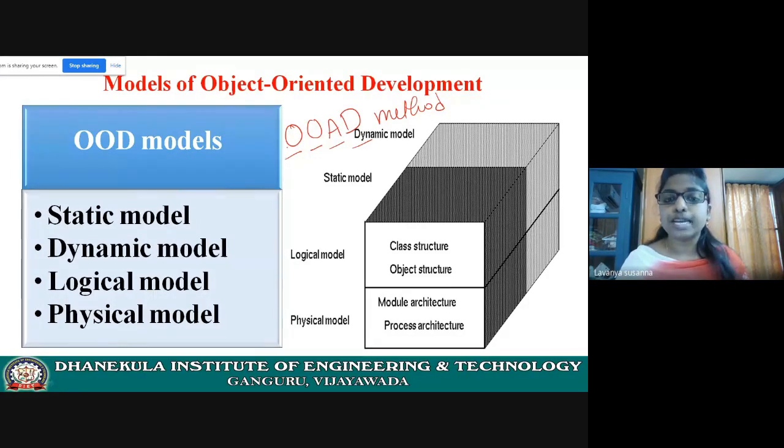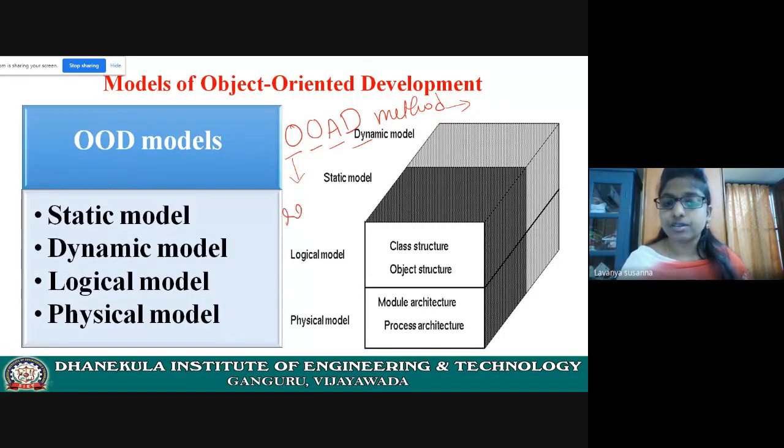This method leads you to object-oriented decomposition, and by using this method, you can achieve the correctness of the software.